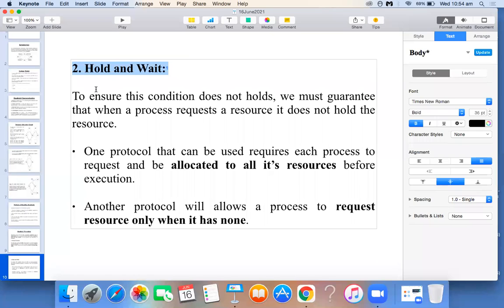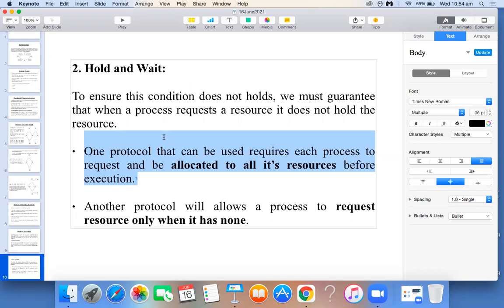One protocol: each process, when it requests resources, will be allotted all the resources before it begins its execution. Now what happens? When all the resources are used by only one process, no other process will hold the resources, correct? So hold and wait will never occur.